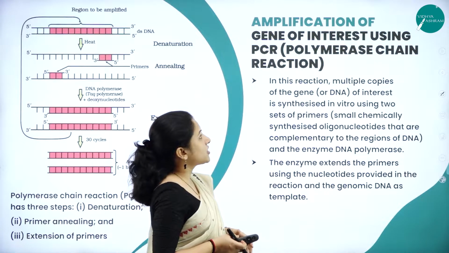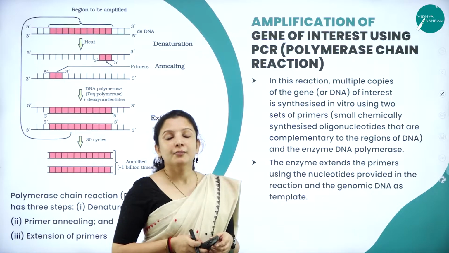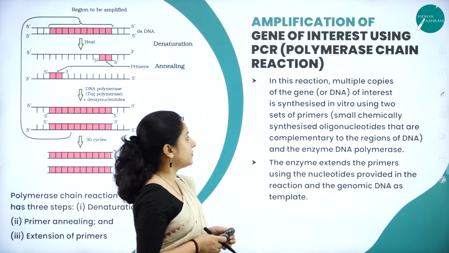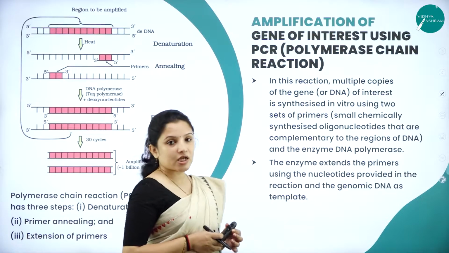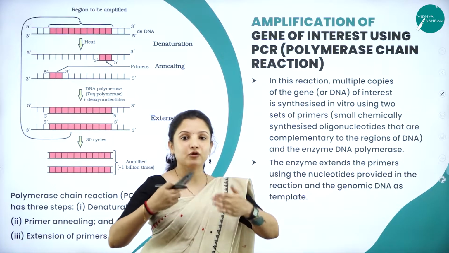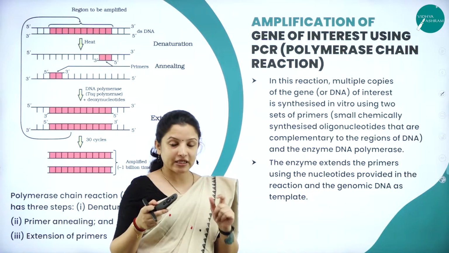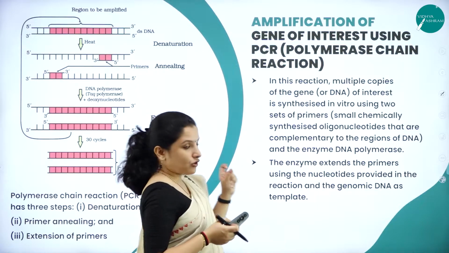So amplification of the gene of our interest using PCR, that is polymerase chain reaction, will be done. Amplification means increasing the number of copies of that particular ligated or recombinant DNA.